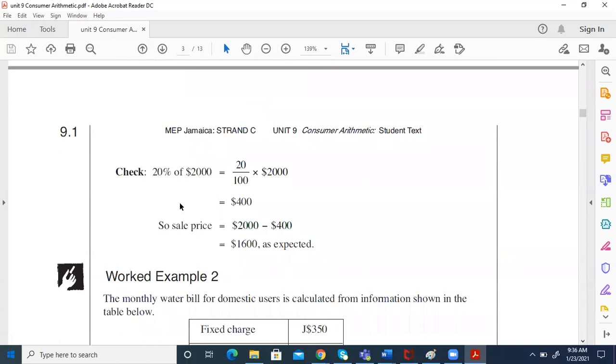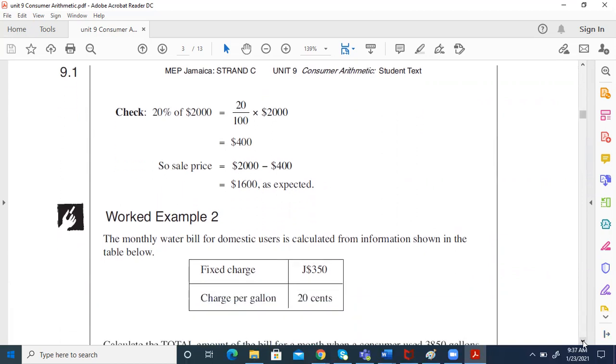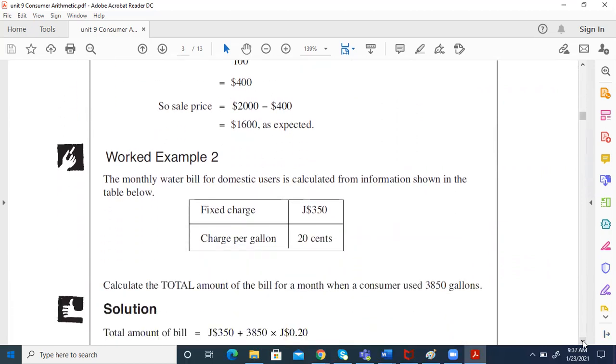Oh, and they did a check here. Their check is to find 20% of 2,000, which is 400, and subtract it from 2,000, and you get 1,600. Same thing. You can do it either way.